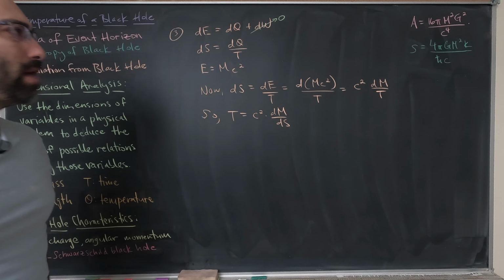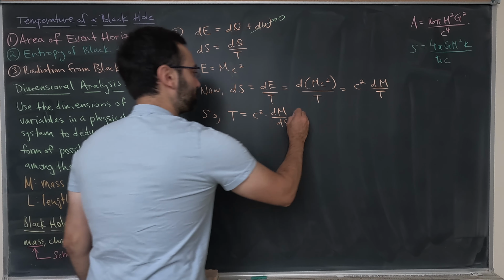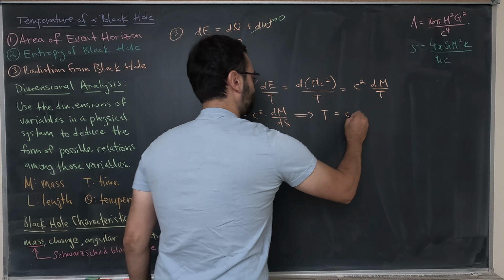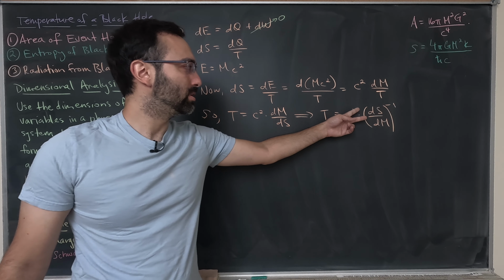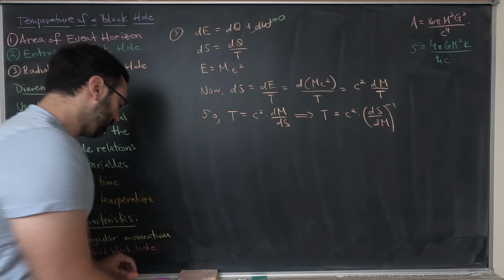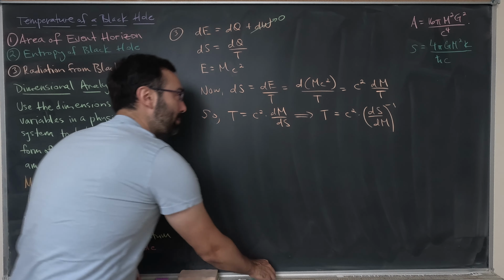But we have an expression for S over here in terms of the black hole mass. So why don't we write the following? That the black hole temperature is c squared times the inverse of dS by dm. Because we can go right up here now and determine S prime, the derivative of S with respect to m. So that just gives us 8 pi G m K divided by H bar c.